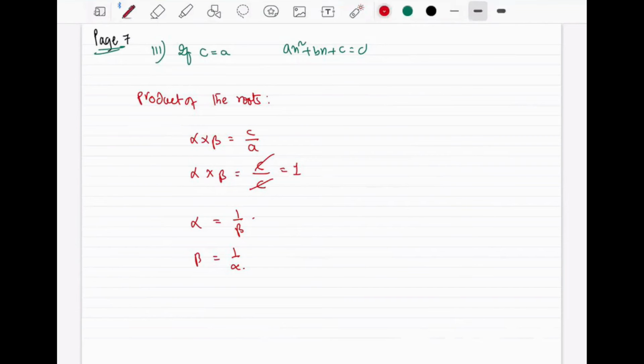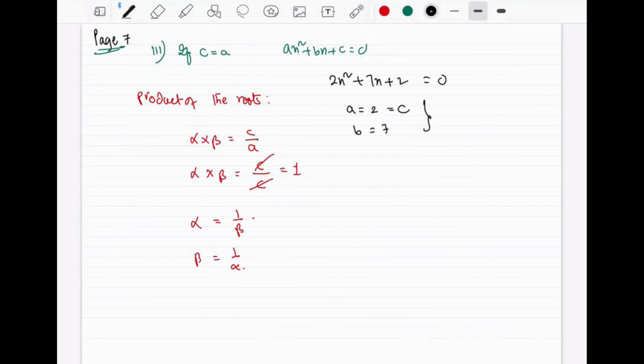Okay, we can check it out by using a specific example. Let's take 2x squared plus 7x plus 2 is equal to 0. So here, look, this is a and this is c. Both of them are 2, that is c is equal to a, right? So here a is equal to 2. This is also equal to c. Both a and c are 2. b is how much? b is 7.